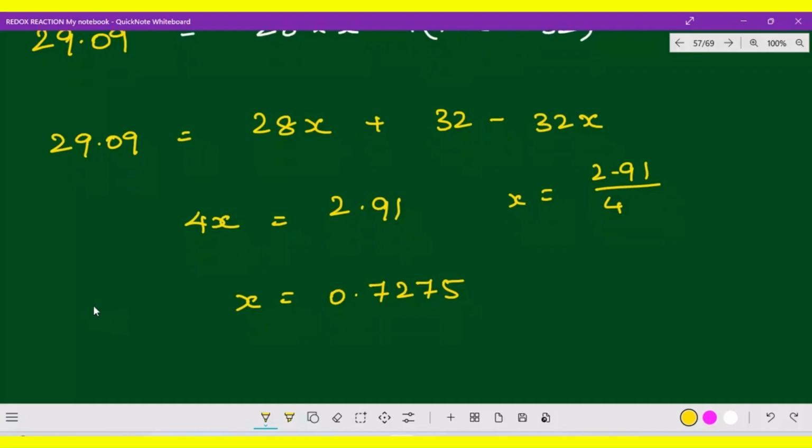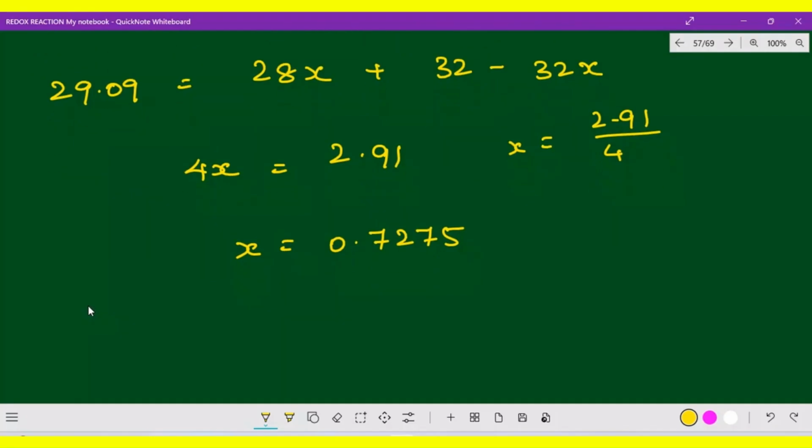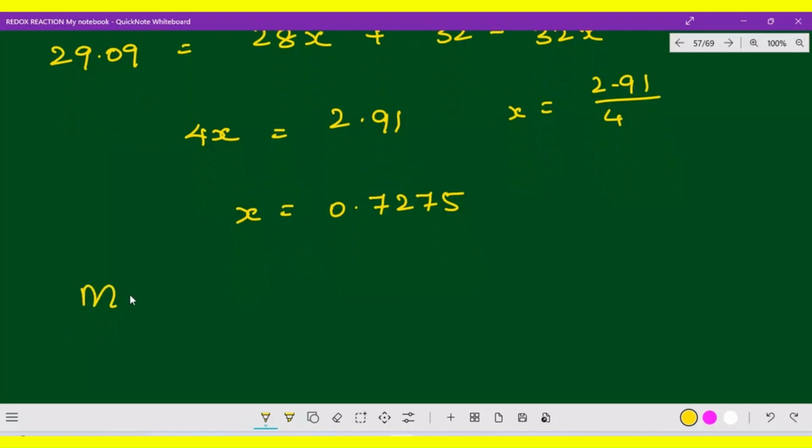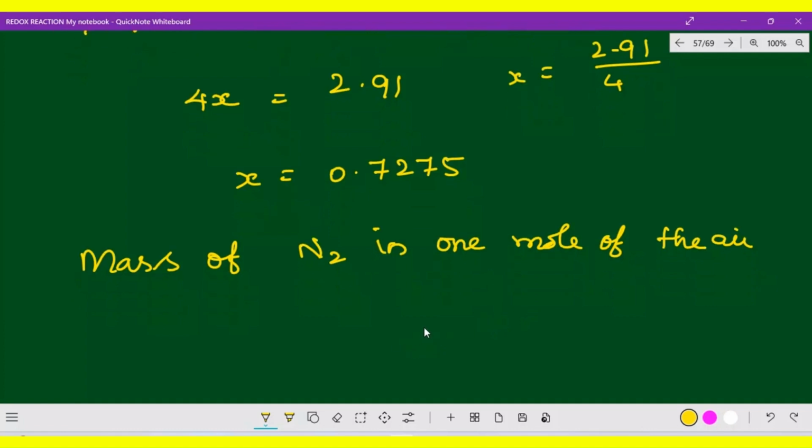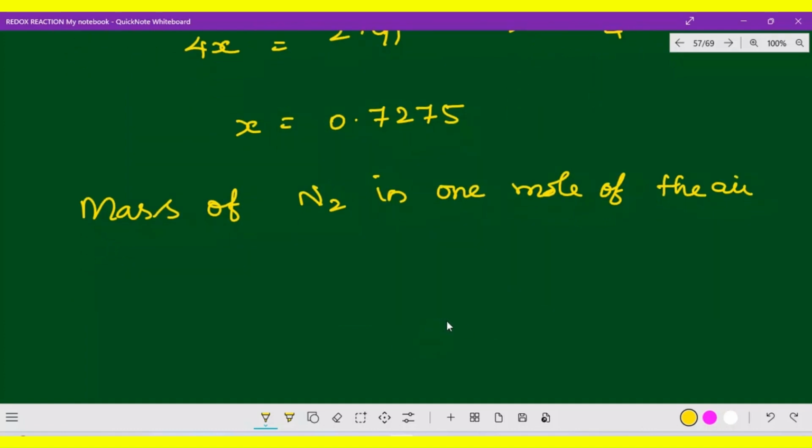Now the mass of nitrogen in 1 mole of the air. How do we identify this? We go for nitrogen into x, and x we got now. So x into 28.